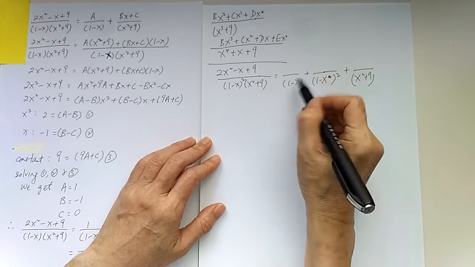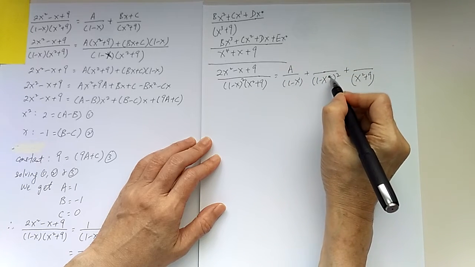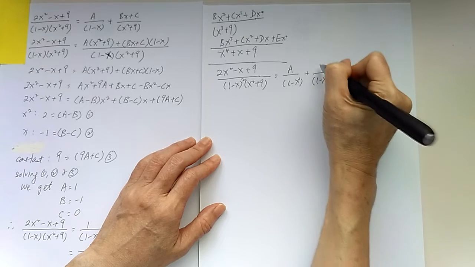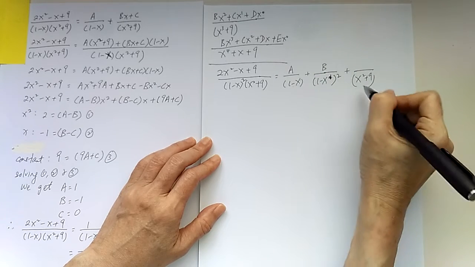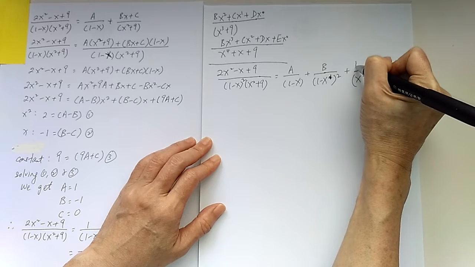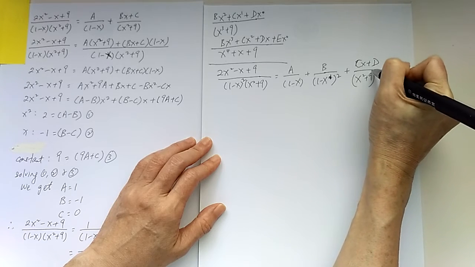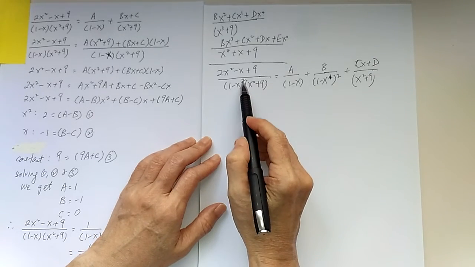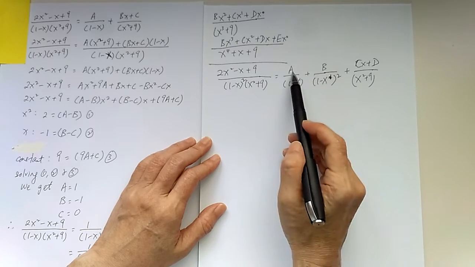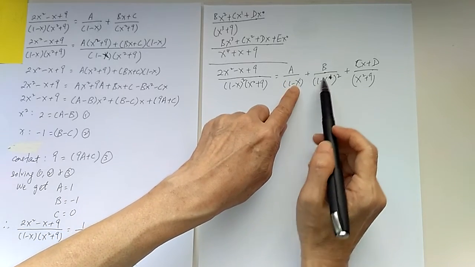And then you look at the inner bracket. The highest power is x to the power 1, so the top is a constant. This one, the highest power is also 1, so the top is also a constant. And this one, the highest power is 2, so the top would be Cx plus D. If it's a square or cube, if it's cube, then you have three of these. And the top is still based on the inner power of the x.